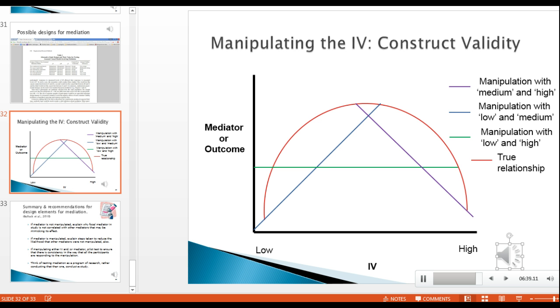So I had to caution him, because he was doing a moderated mediation where he was manipulating the IV, and I had to caution him that if this relationship is curvilinear in the population, then he needs to develop a three-condition manipulation rather than just two, to be able to capture the full variance of that IV.